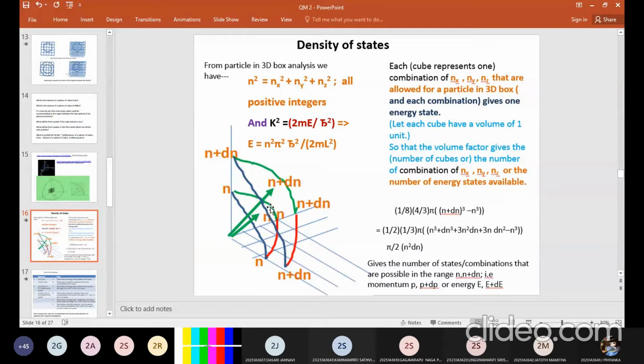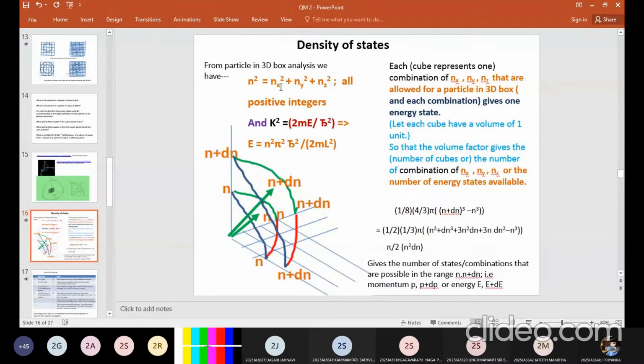That is easily understood by considering that n square is equal to nx square plus ny square plus nz square, but nx, ny, and nz are all positive. That implies nx is positive, ny is positive, and nz is positive. That implies only 1/8 part of the whole sphere, because n square is equal to nx square plus ny square plus nz square.